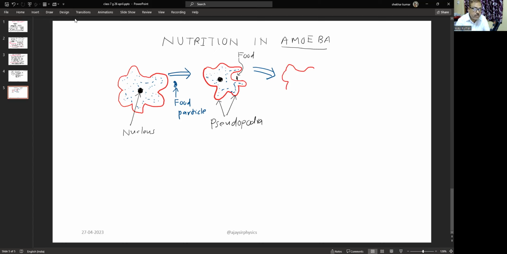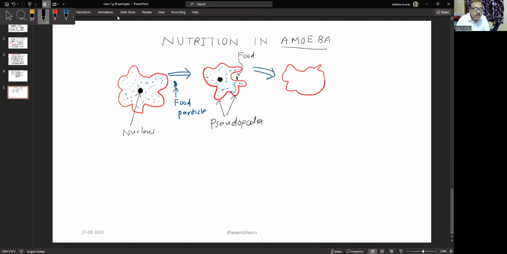When the food has been taken, the food has entered, and we keep the food inside.